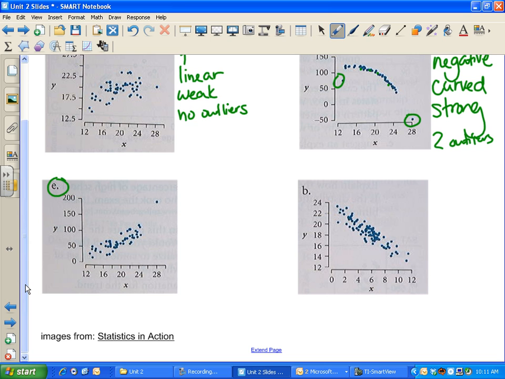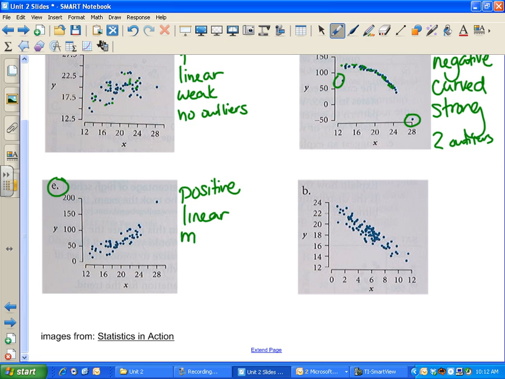And I'll go ahead and do one more here, part E. So again, if I was looking for a direction, it seems like they're going this way, so that's positive. Looking for some sort of shape, I would call this linear. I mean, overall it's following some sort of band to create a line, so I'd call this linear. It's not as mushy spread out as the top graph, but it's not nearly as closely clustered as this second graph.